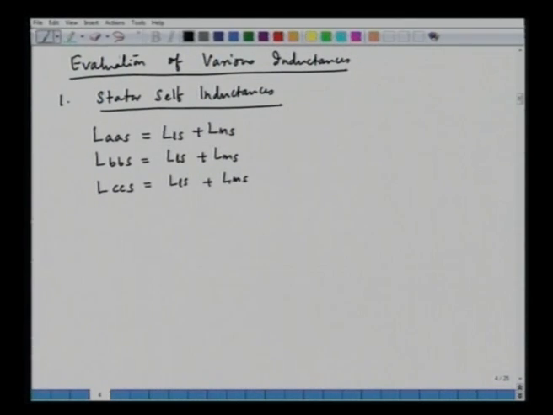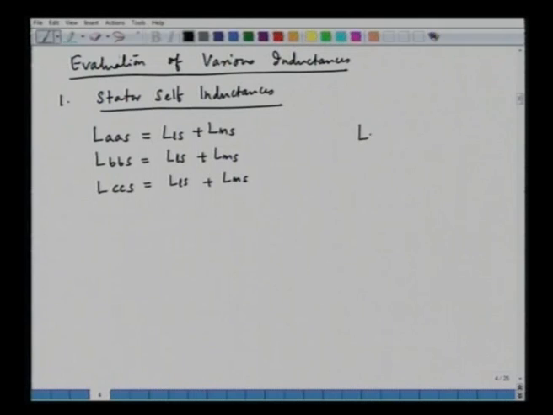Now, when we talk about LMS, LMS can be represented in terms of the number of turns of the stator and also the reluctance of the magnetizing path. So we can say that LMS is given as Ns square by the reluctance of the magnetizing path. Ns is the effective number of turns of the stator.